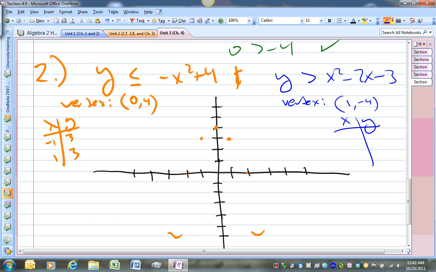Let's put this back in here. Here we go. And if you put in 0 and 2, you get negative 3, negative 3. And that'll be dashed.